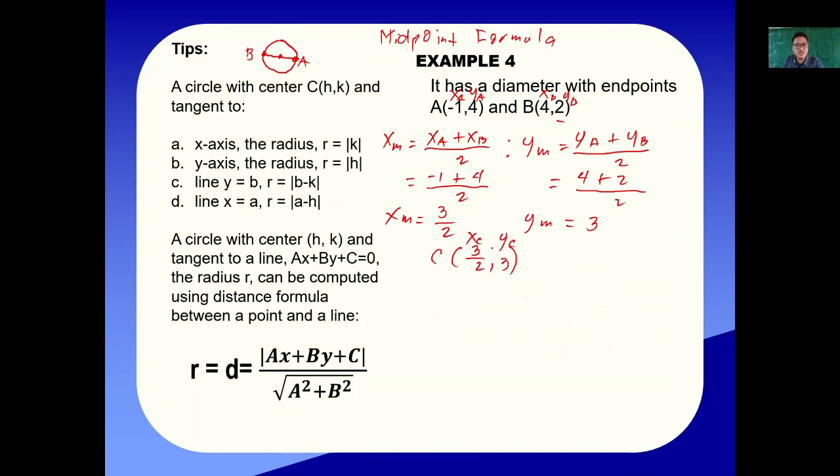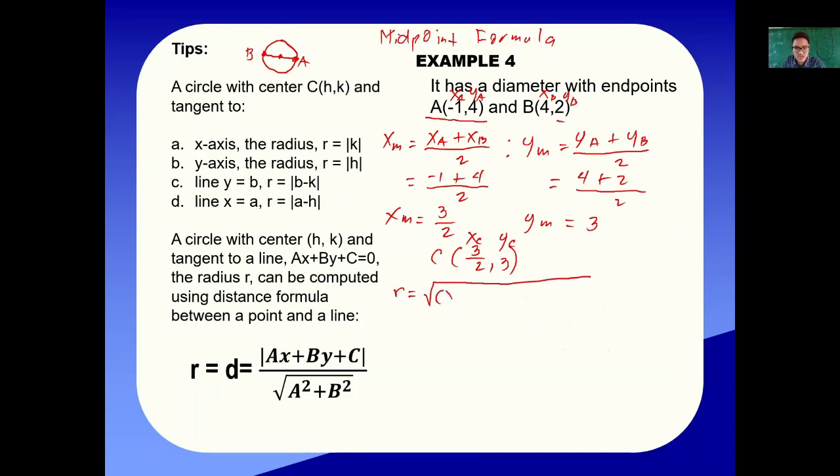Now, to find the radius, given the 2 points, kahit saang points ang gamitin natin, from center to point A or center from point B. But here, unahin natin gamitin yung point A. Now, to find the radius, we have to use the distance formula. Nakuha.